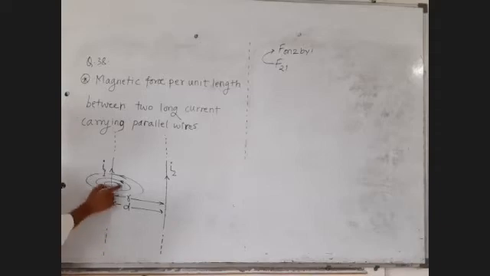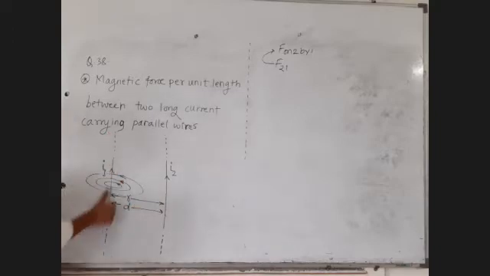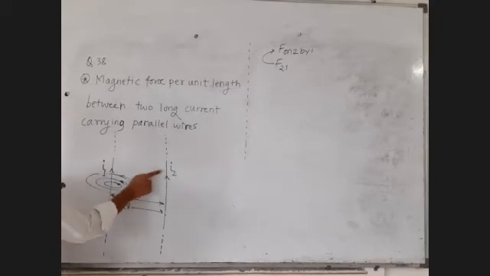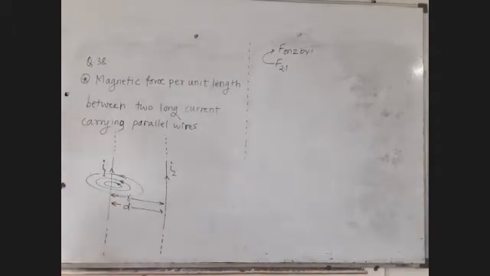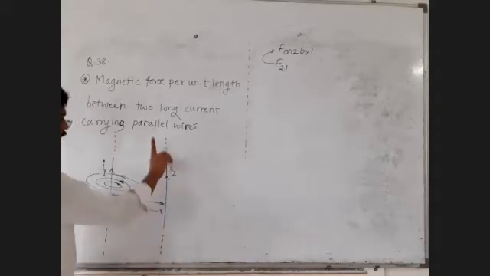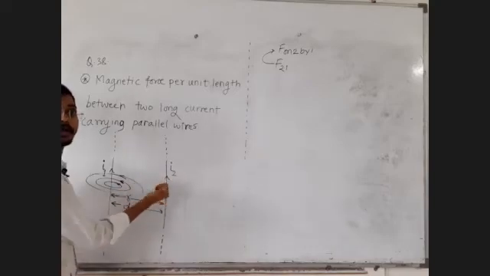The magnetic field because of this current carrying conductor at this point will be going in, coming out, going up, going down. Reply me in the chat box. Because of the first conductor, at any point on the wire, the magnetic field will be going in, coming out, leftward, rightward, up, down.